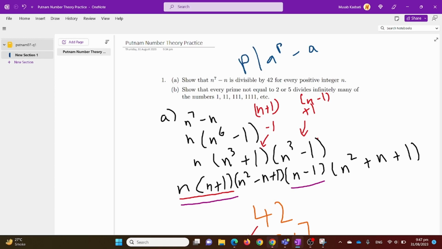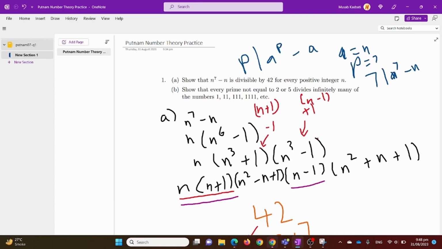And now let's start plugging things in. So let a equal n and p equal 7. So by this theorem, we know that 7 divides n to the 7 minus n.